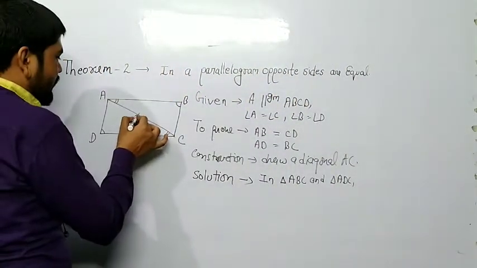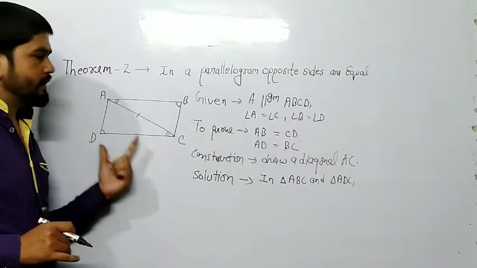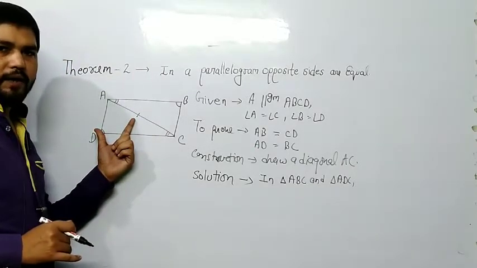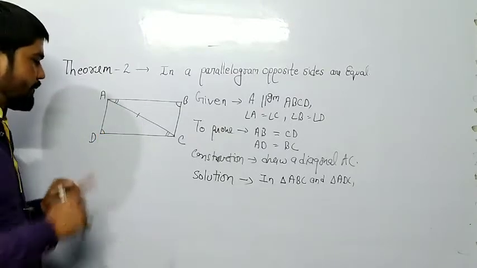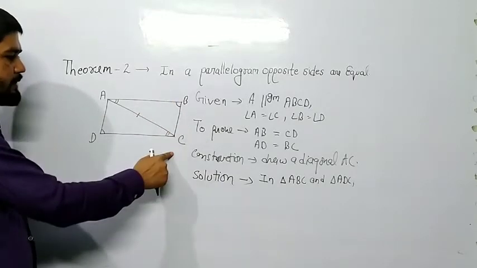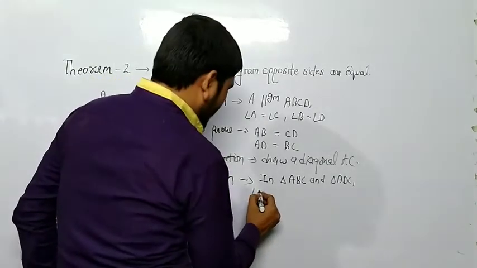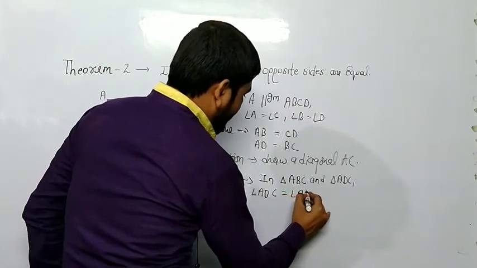This is the common side for both the triangles. So this property is required. Angle ADC is equal to angle ABC. Right here, angle ABC is equal to angle ADC.